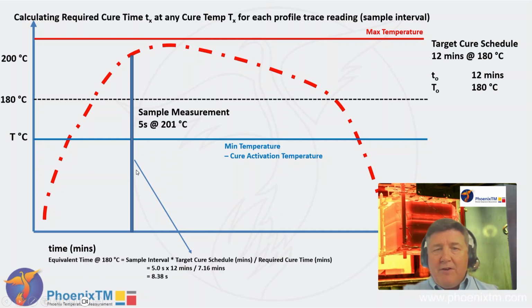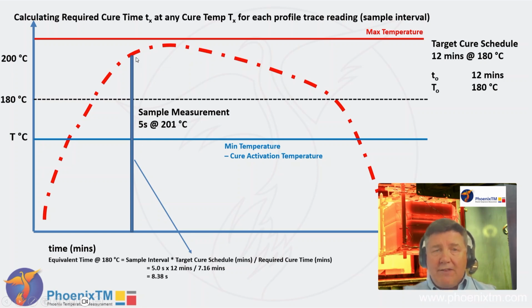From the previous slide where we had the exponential curve, we identified that at 201 degrees, the cure schedule would be 7.16 minutes. So from this simple calculation, we can work out that 5 seconds at 201 degrees is equivalent to 8.38 seconds at 180.